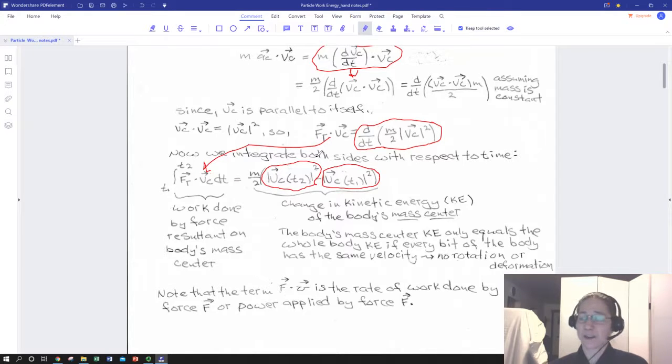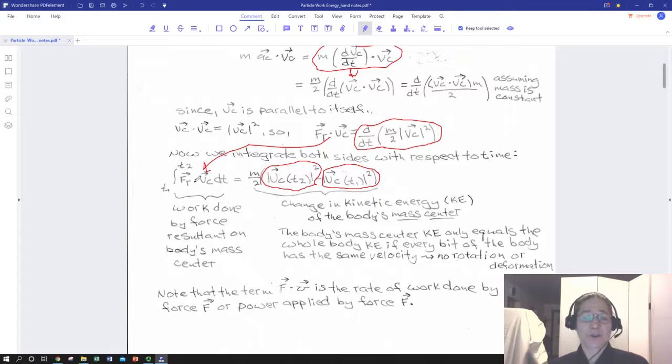So kinetic energy is a state variable basically in this case, because we only care about what happens at its endpoints. It's path independent basically. So that's a powerful tool if we're looking at solving a problem. We only have to know what happened at two time instants, and then we can basically know the cumulative work done by a force.